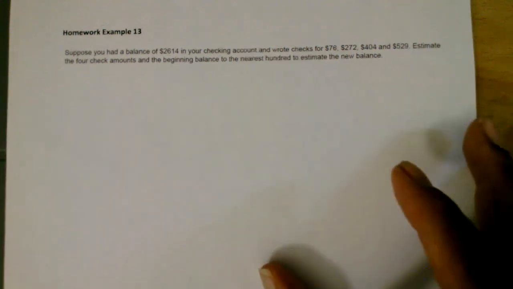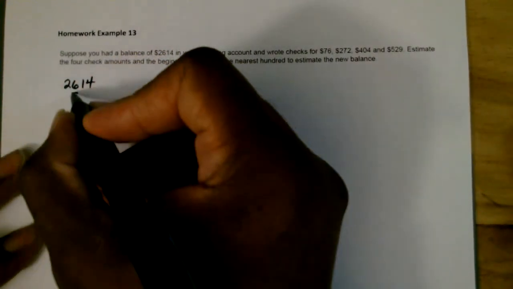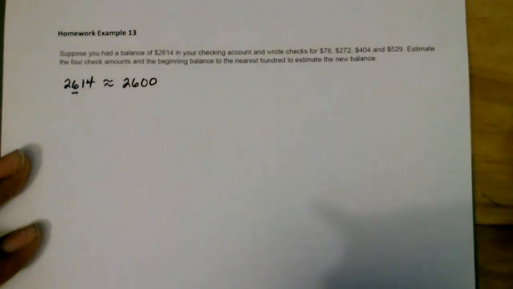So our balance was $2,614, and I want to estimate that to the nearest hundred. The 6 is the digit in the hundreds place. To the right of it is 1, which is less than 5, so we're going to round this off to 2,600.